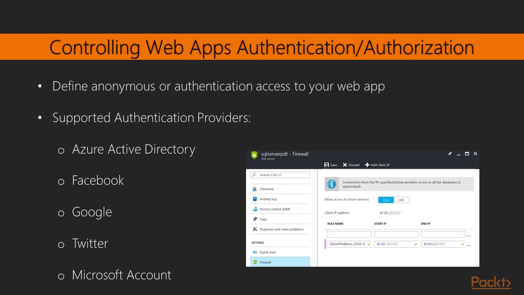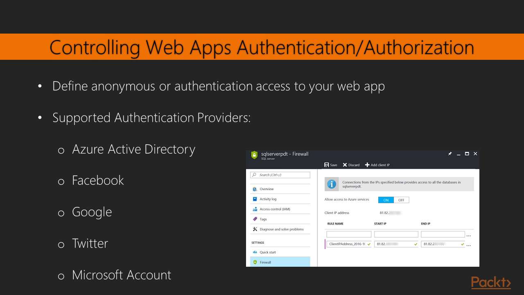Which brings me to the next topic. It's about controlling web application authentication and authorization. This mainly defines if you want to provide your web application in an anonymous way or force authentication, which means that your end users or customers or anybody who wants to get access to your web application needs to provide authentication credentials, where at the time of creating this course, there are a couple of different authentication providers supported.